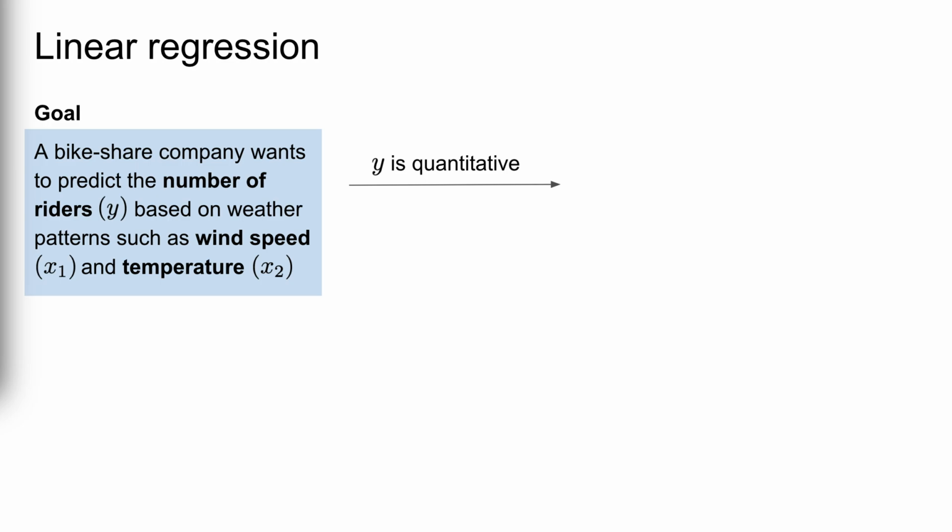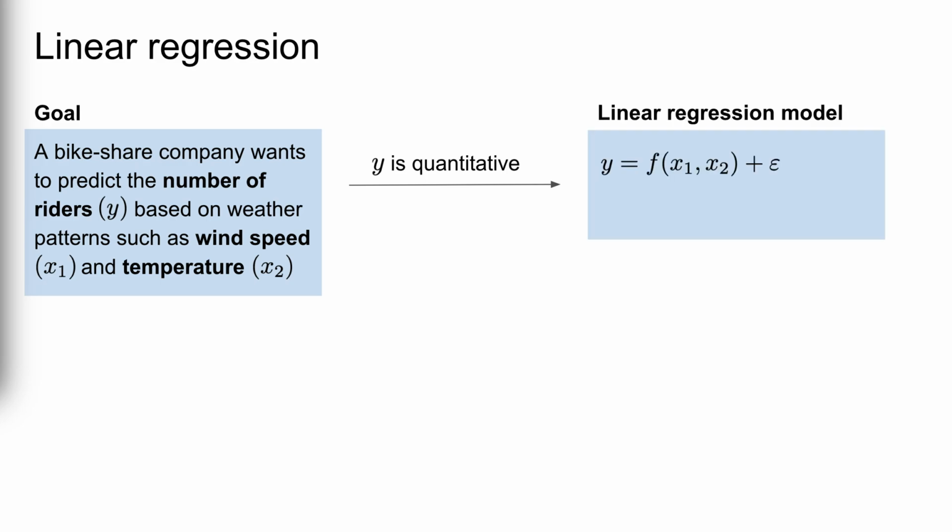This puts us in a regression setting, where we can model ridership Y by some function f of x1 and x2 plus the Greek letter epsilon. Here, the function f represents the structural relationship of Y with x1 and x2, whereas epsilon reflects the residual error. Mainly, this relationship isn't perfect.